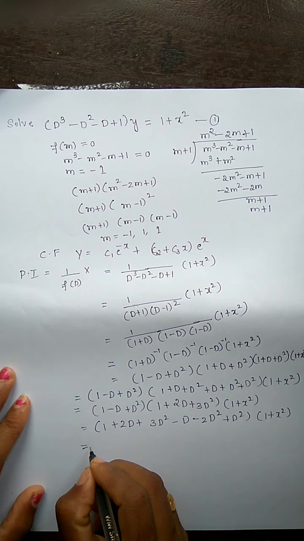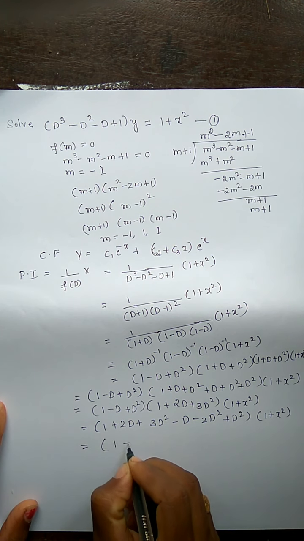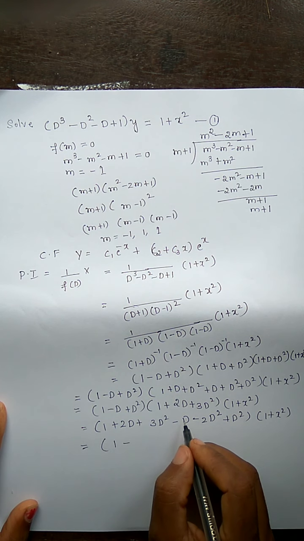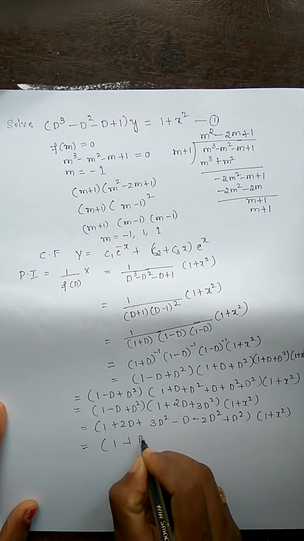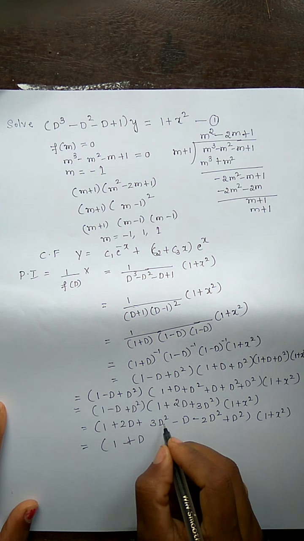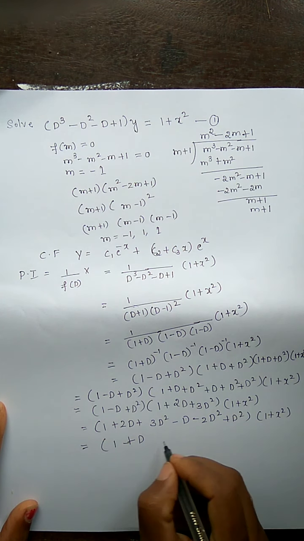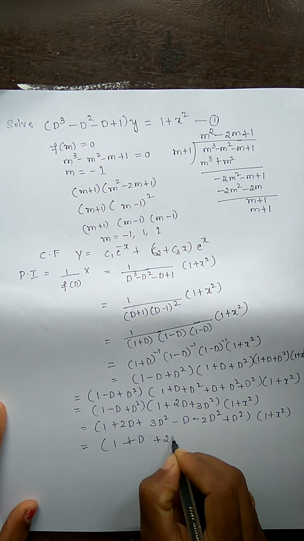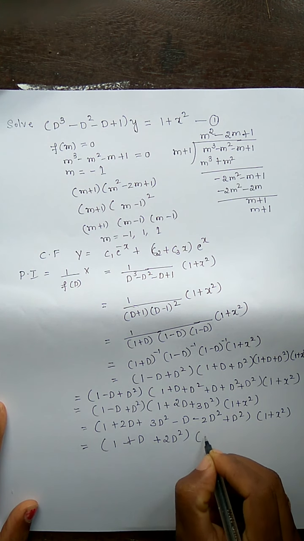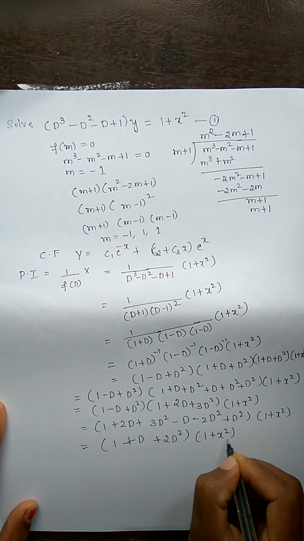So that is equal to 1, 2D minus D, so we are left with 1 plus D, and 3D square minus 2D square plus D square, so we are left with plus 2D square, into 1 plus x square.